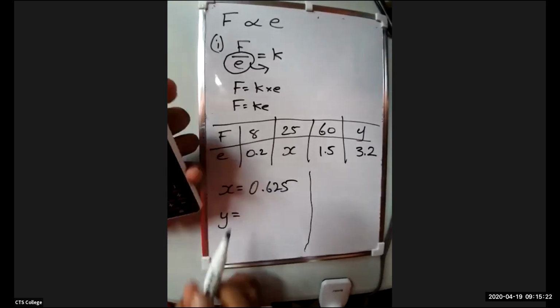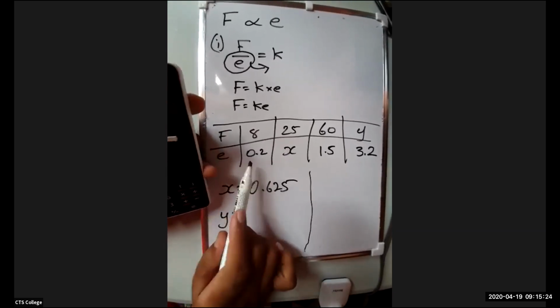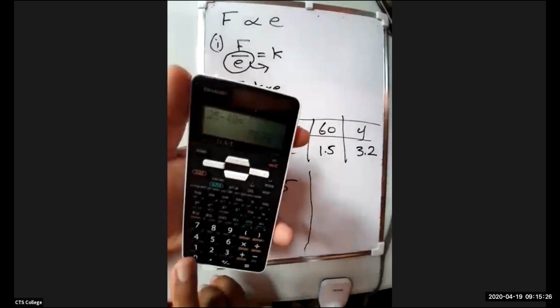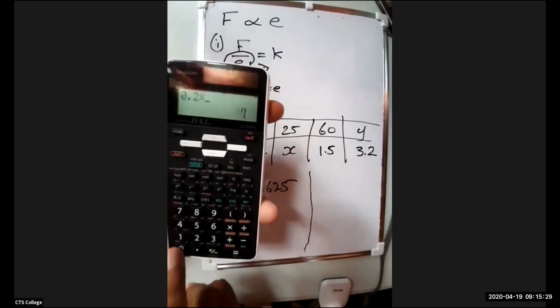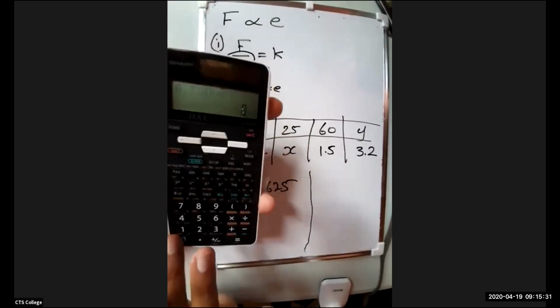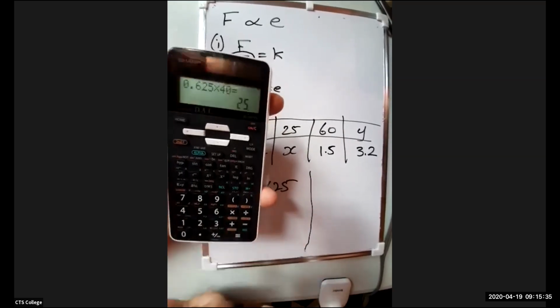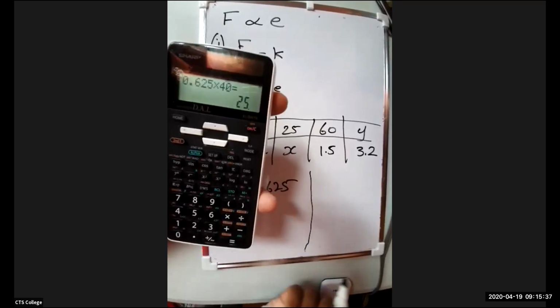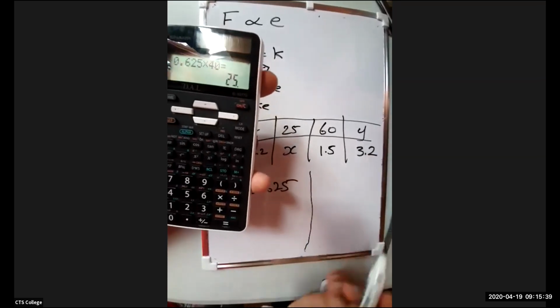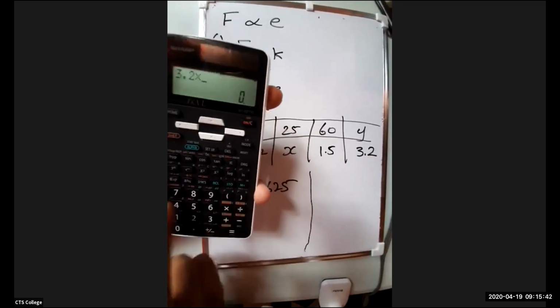Now, if we want to go the other way around, we have to multiply, right? So 0.2 multiplied by 40 would have given us 8. Similarly, 0.625 multiplied by 40 will give us 25 as well. So if we want to find out what is Y, won't it just be 3.2 multiplied by 40?